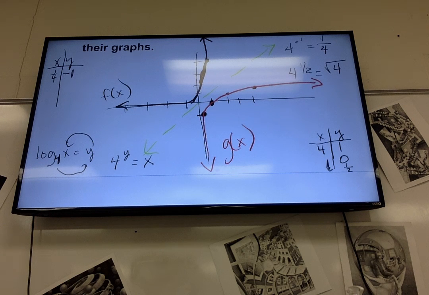Now, I know I'm not going into serious depth with this. I just want you to know how these relate to each other, that they're inverses of each other. You can go from a log to an exponential by doing what I call the circle method. And we'll do more of those shortly.